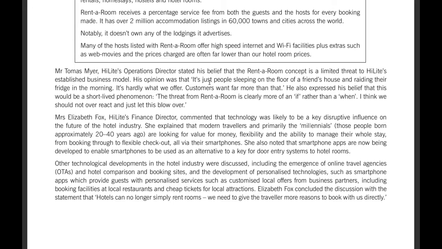Because after that, question number 3A is asking you to highlight a potential application of disruptive technology which may be considered by Highlight. So even though it's a threat, this is the potential challenge that they face.